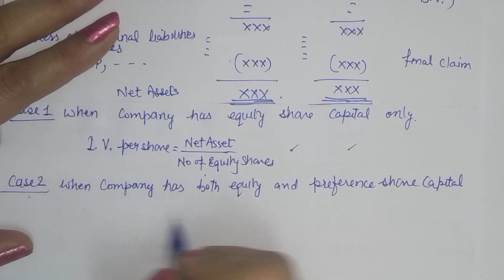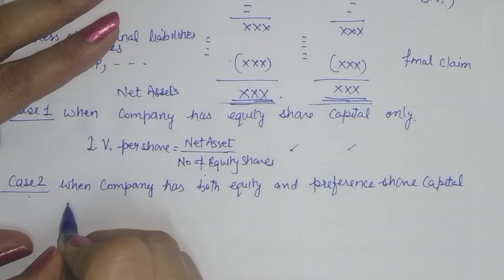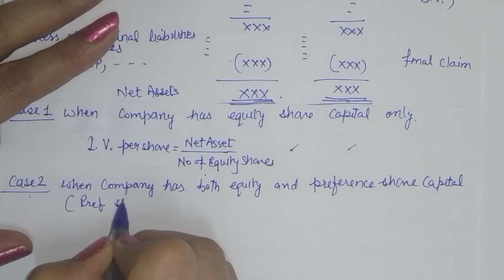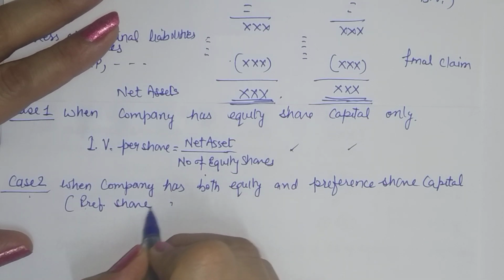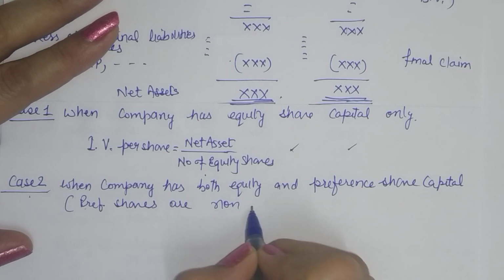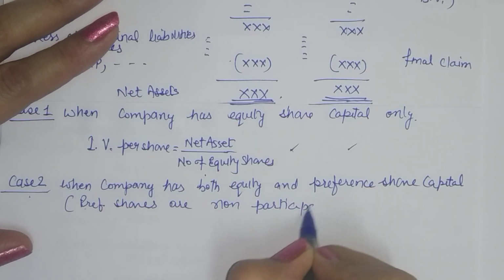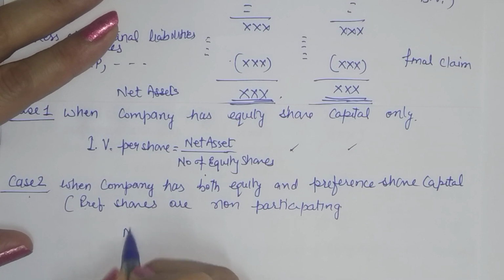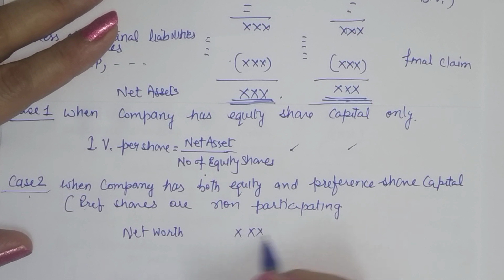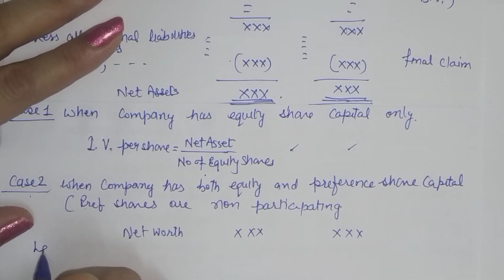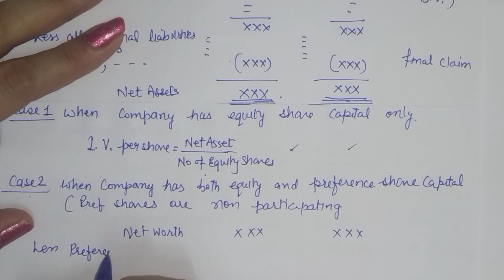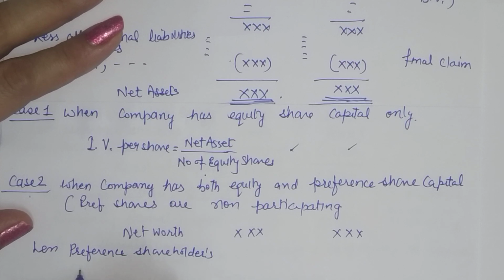So we can say the second case is when the company has both equity and preference shareholders, but preference share capital is non-participating. So what will happen? You have the net worth with you that you have calculated above. Now out of this worth, you are to give to the preference shareholders their claim, which is equal to their capital plus any premium payable on redemption.